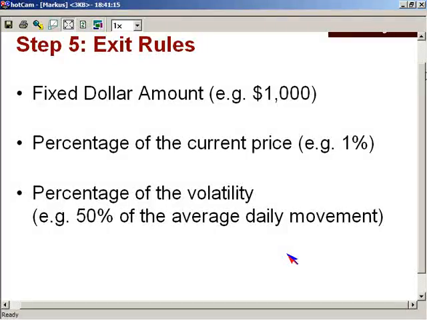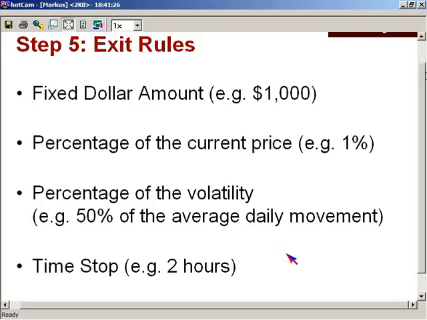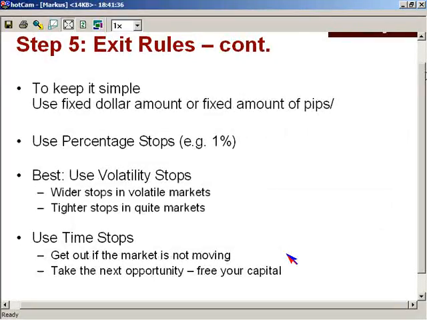You could express it as a percentage of the volatility, for example, 50% of the average daily movement, or as a trailing stop, like 30% of unrealized profits or 70% of unrealized profits. And always you want to do a time stop. And a time stop is specified, obviously, in minutes, hours, or days.